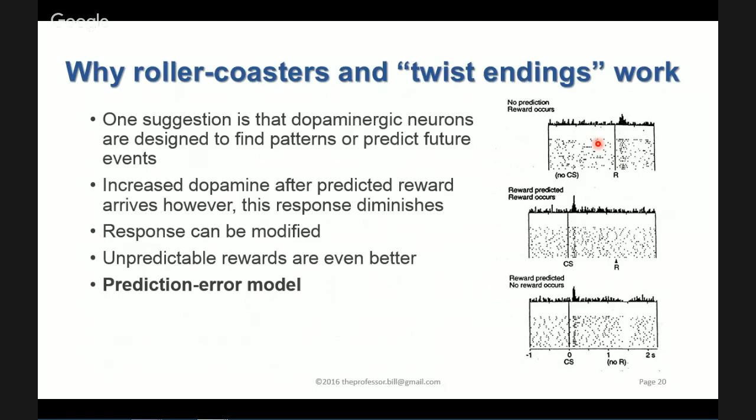So what you're seeing at the very top is without doing any kind of conditioning, all he is doing is recording from this neuron. So he's recording, he gets action potentials, action potentials, action potentials. He then gives a reward shown here on this line. And when he gives a reward, that dopamine neuron starts going crazy. It starts firing a lot more than it has before, which is represented by this big increase in firing.